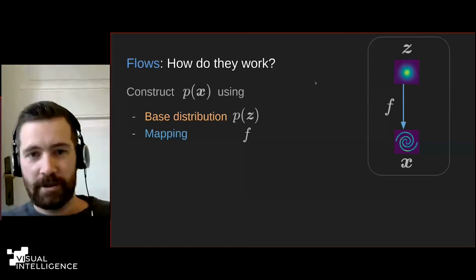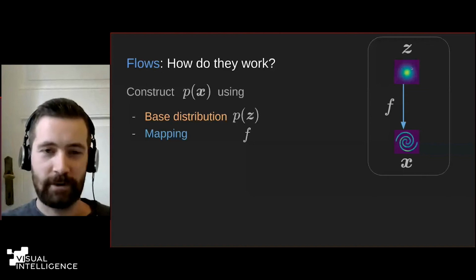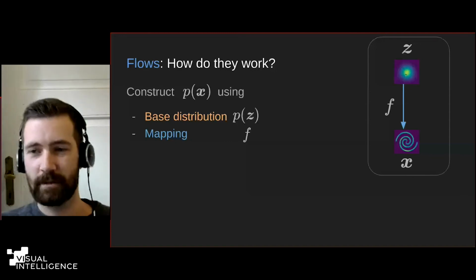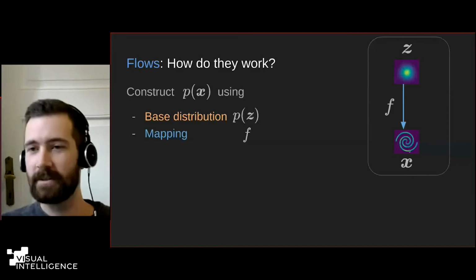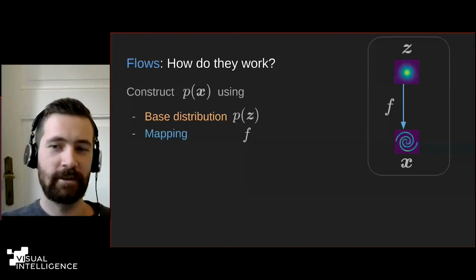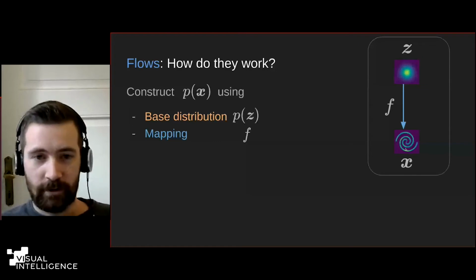And the base distribution, p(z), is typically something simple like a factorized Gaussian, so Gaussian 0, 1. We take samples from that, and we map it through this deterministic mapping to get samples in the x space. This warps this density into some potentially much more complicated density down here.